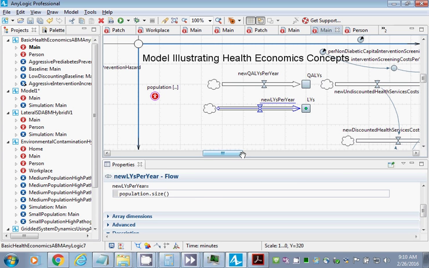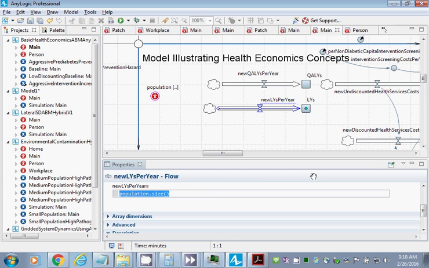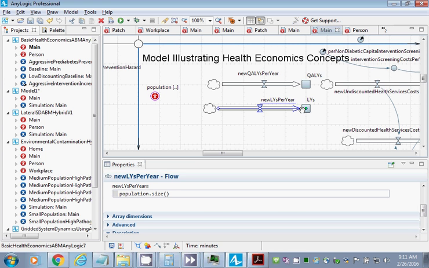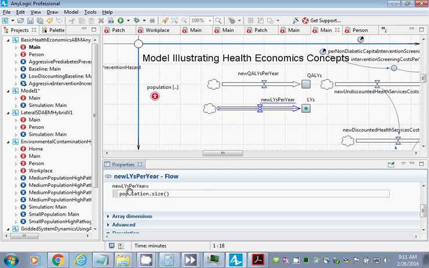Life years lived, this is a flow into it whose size is defined by the size of the population. That's just this population, our agent population size. For qualities, by contrast, we're going to total up a statistic defined in this population, which is going to take the average of quality of life over that population.